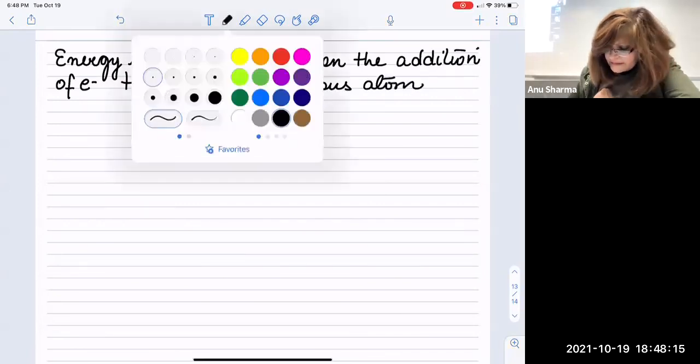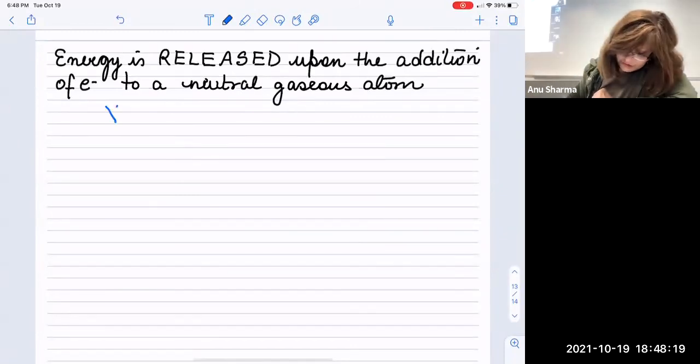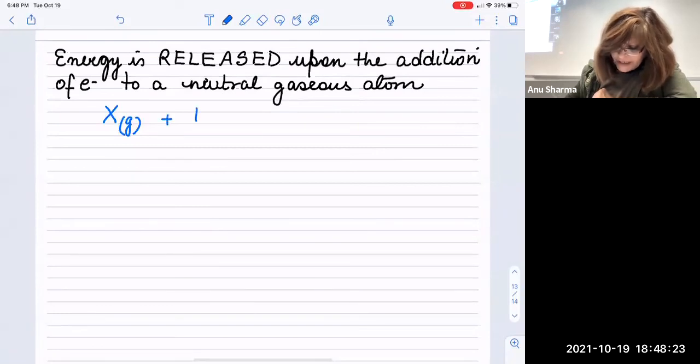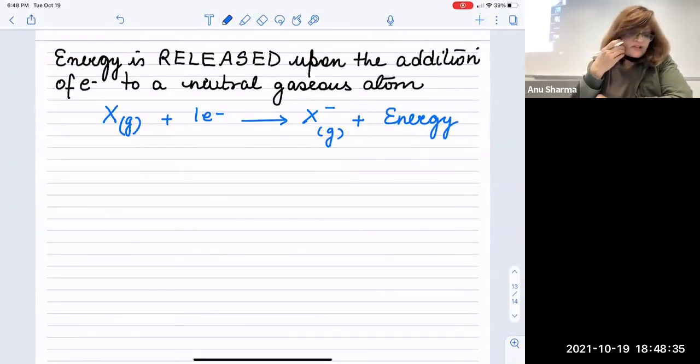For example, here is a neutral gaseous atom, and it has accepted one electron. It acquires one negative charge and is still in the gaseous state, plus a lot of energy is released. So electron affinity is like an exothermic reaction.